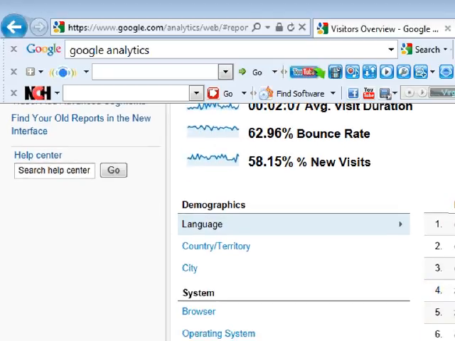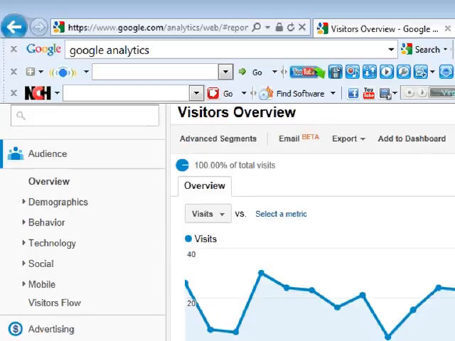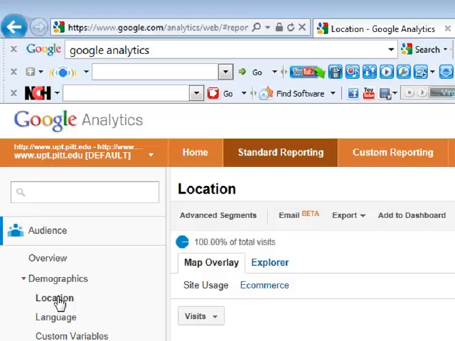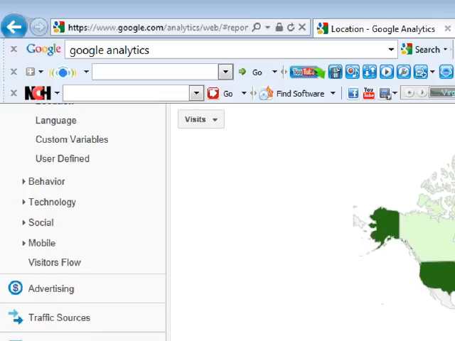Let's go into another reporting feature and look at where they're coming from. Let's go up to the top and demographics, location. Where are they looking at us from? Let's log in. And if you scroll down, it'll give us a map, a couple of maps here.